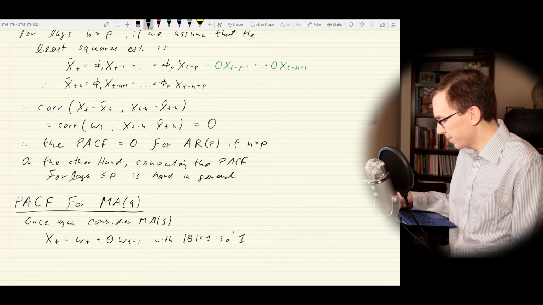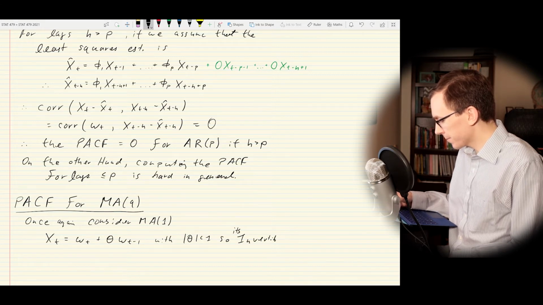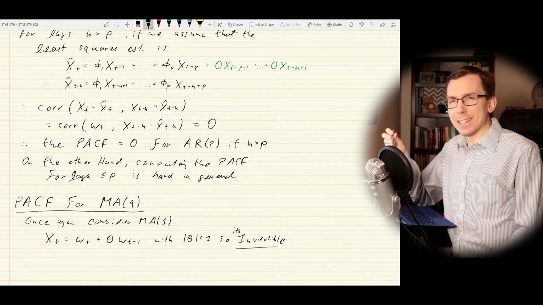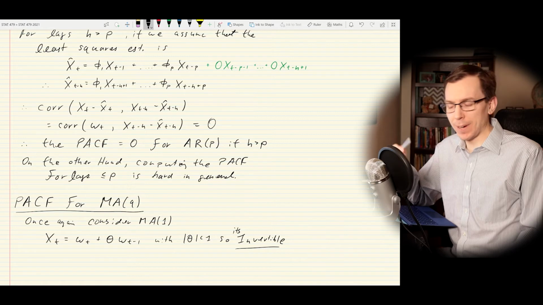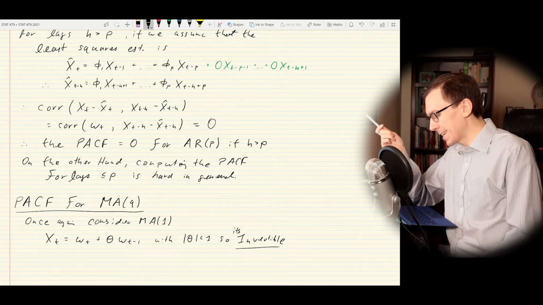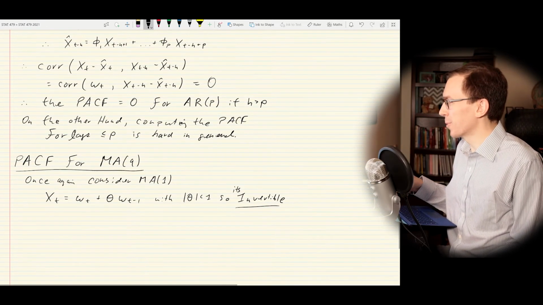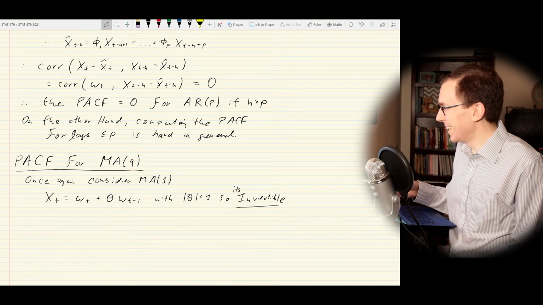Remember, this is kind of like the dual property to the causality that comes out of an autoregressive process. We want an invertible MA process because we're going to, well, invert it.